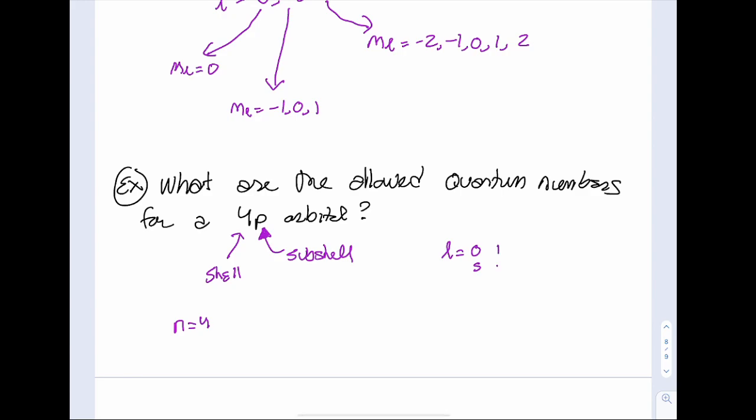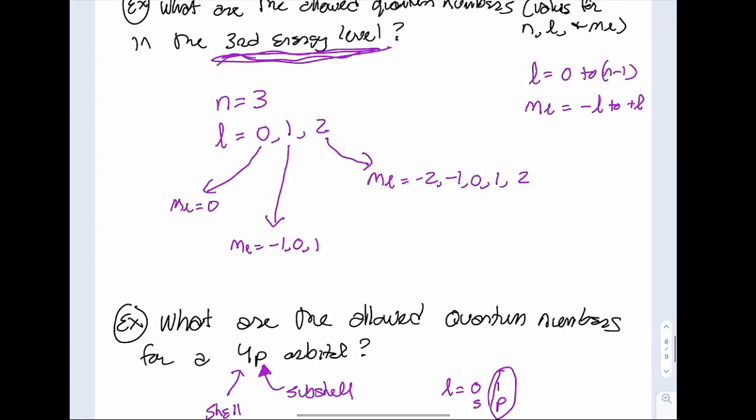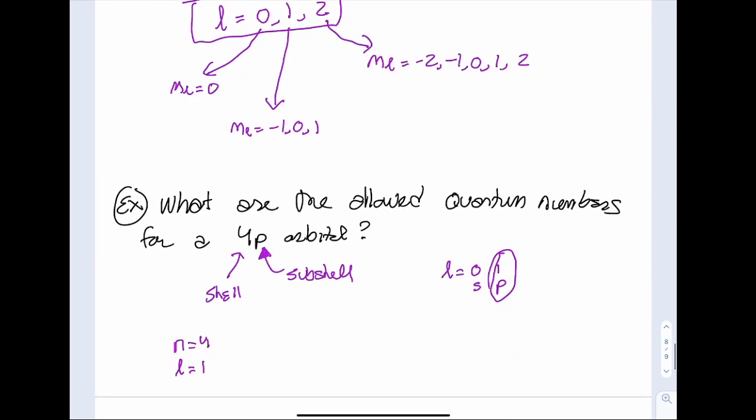If L is equal to 1, it's p. So L is only equal to 1 in this problem because I'm designating p. In the previous problem, I just said third energy level, so we had all of these possibilities for L. Here, I'm saying that my subshell is p, which means I only have this one possibility.